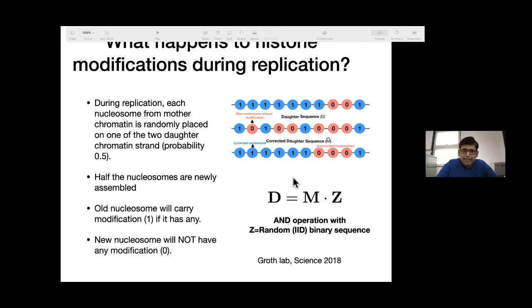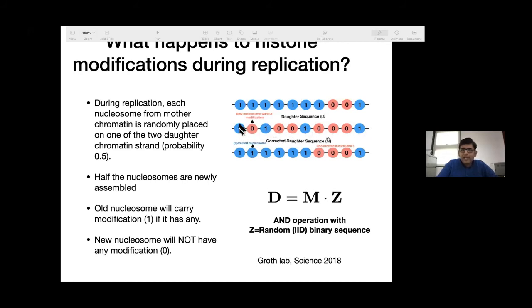Mathematically, you can think of this as a binary pattern of 1s and 0s: there is modification, 1, or there is no modification, 0. During replication, many of these 1s would go to the other strand, so one daughter chromatin will have many more zeros. It can be shown that this is equivalent to taking a sequence of 1s and 0s, M, and dotting it with a random binary sequence Z. What you get is the daughter sequence, the middle sequence.